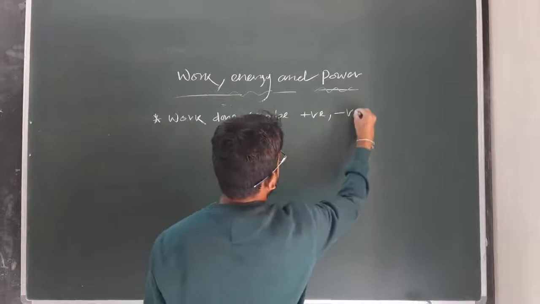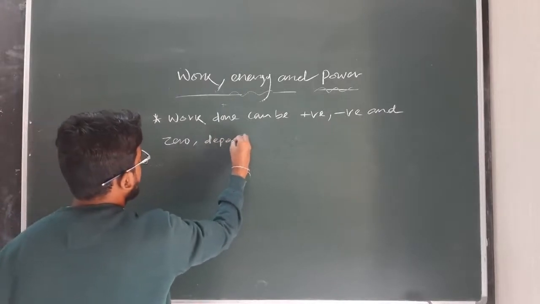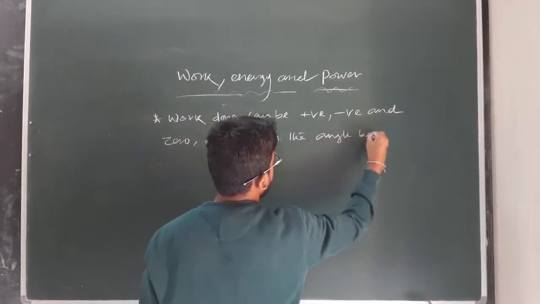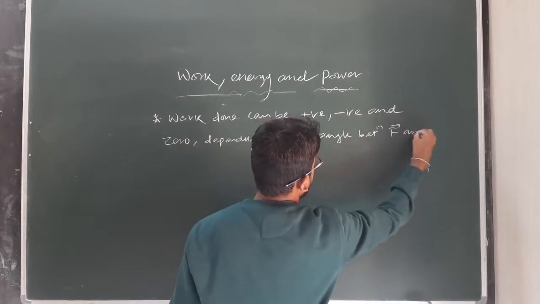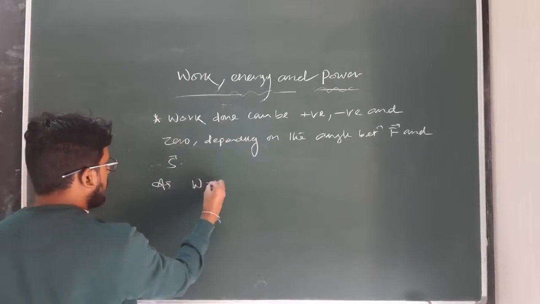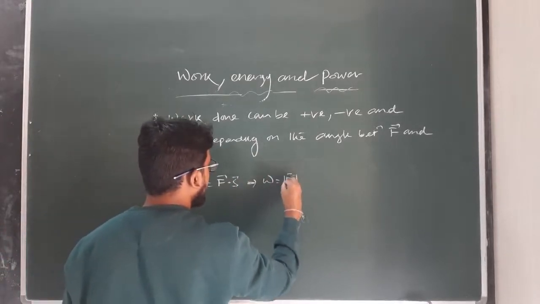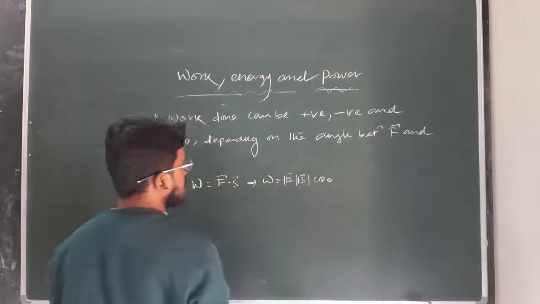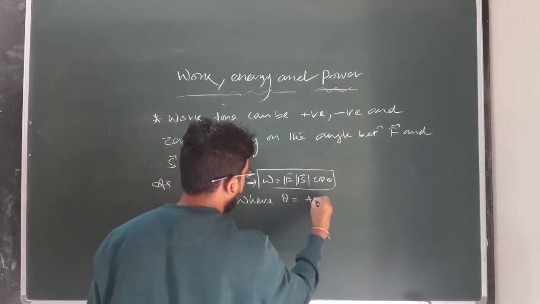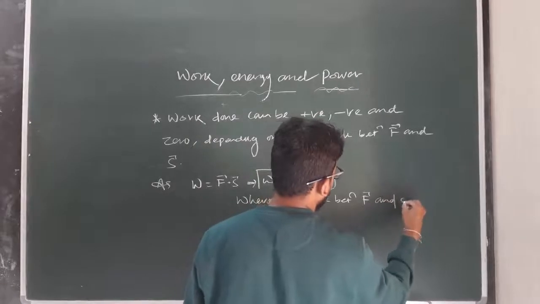So next, work can be positive, negative and zero depending on the angle between applied force vector F and displacement vector, as work done equals F dot S, or this implies you can write work done W equals F mod S mod cos theta, where theta equals the angle between applied force and displacement vector.